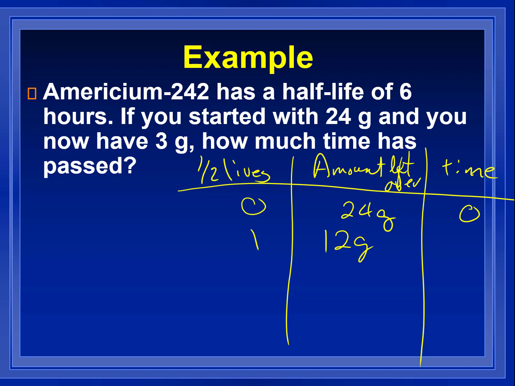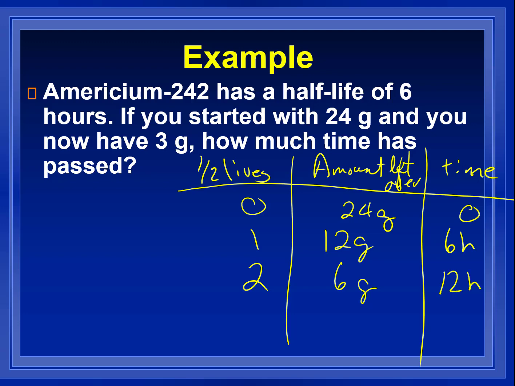And how much time will have passed? 6 hours. Am I at where I need to be? Nope, so I keep going. Second half-life. I'm at 6 grams. How much time has passed? 12 hours.